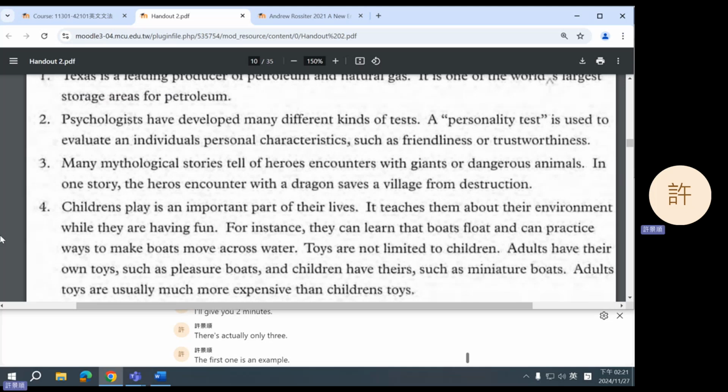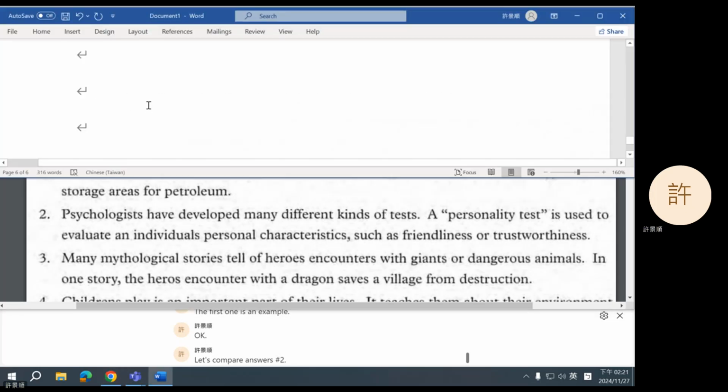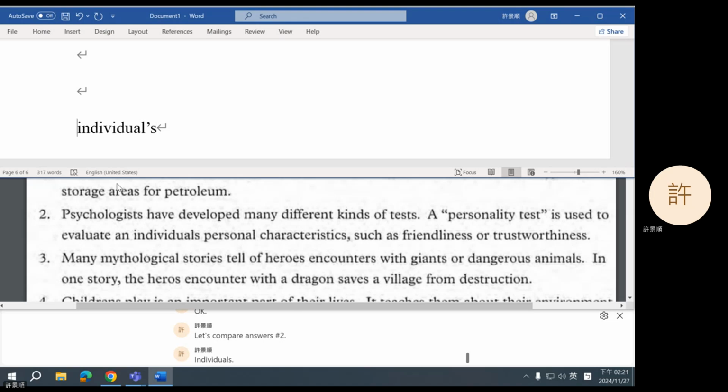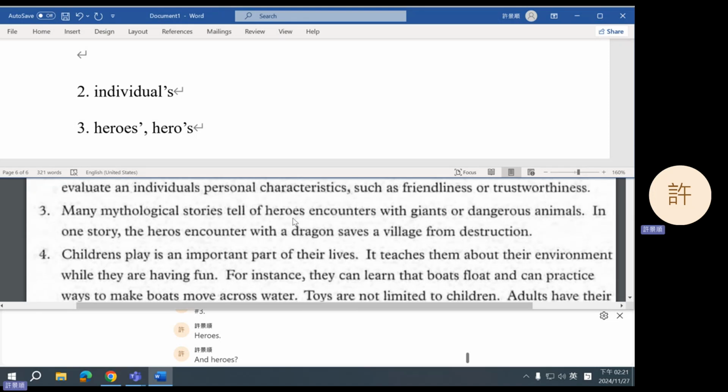Okay, let's compare answers. Number 2, individuals. Here, individuals. Number 3, heroes and heroes. ES is plural, right? So you put it at the back.